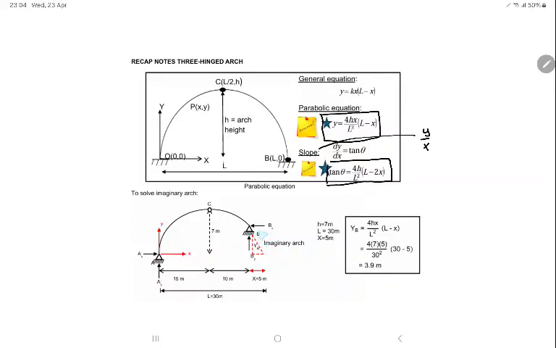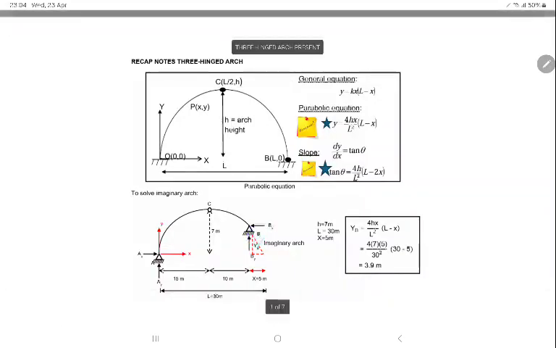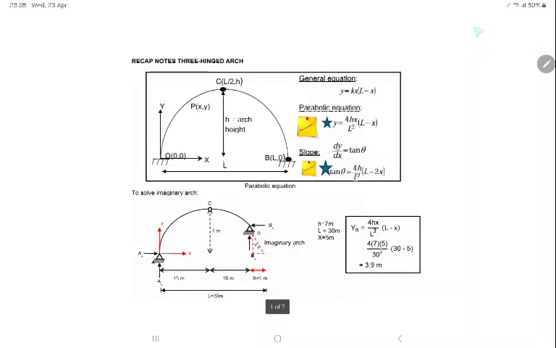Okay, for example, first we have to sketch the imaginary arch here. This imaginary arch is representing the arch after you mirror it. So you should get a symmetrical arch here.